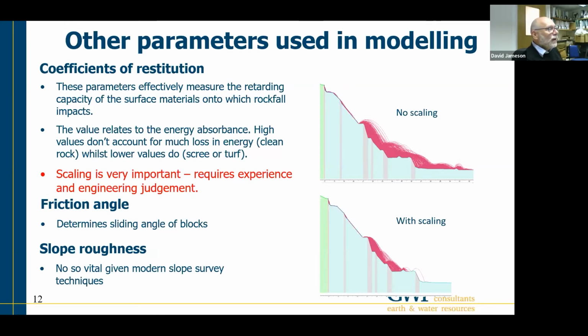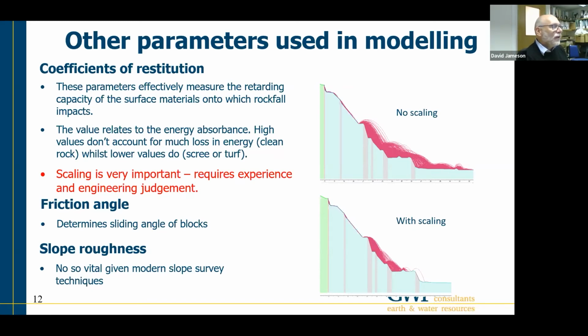It requires quite a bit of engineering experience and rock modeling experience to effectively come up with the right solution. You can see in the top right-hand corner that the blocks that are falling down that slope, once they're incident on the first bench, if you don't apply the right amount of scaling, or indeed the suitable coefficient of restitution in the first place, then the blocks can bounce off there like they're ping pong balls.